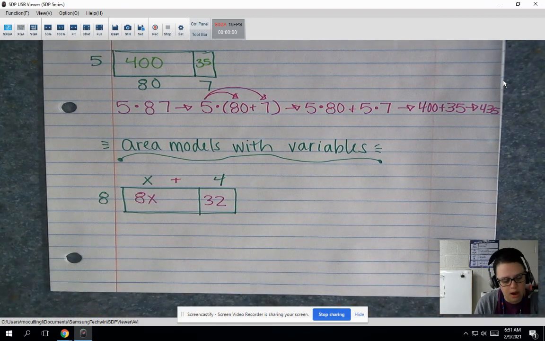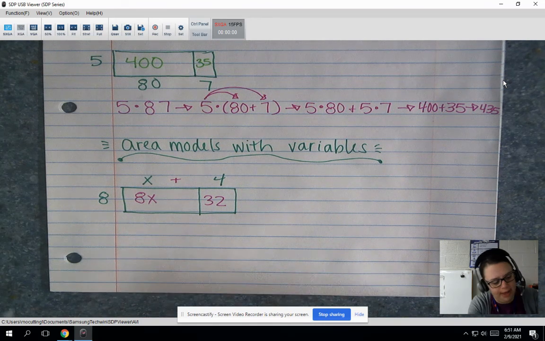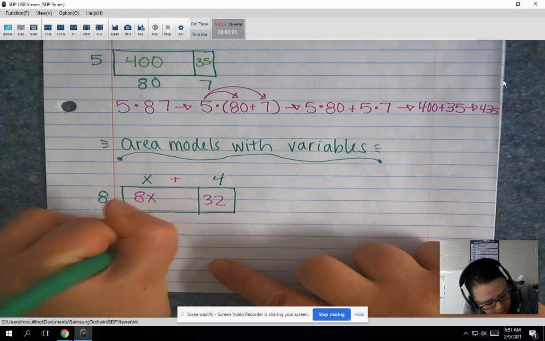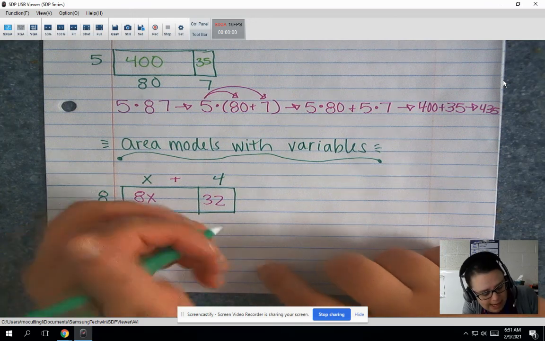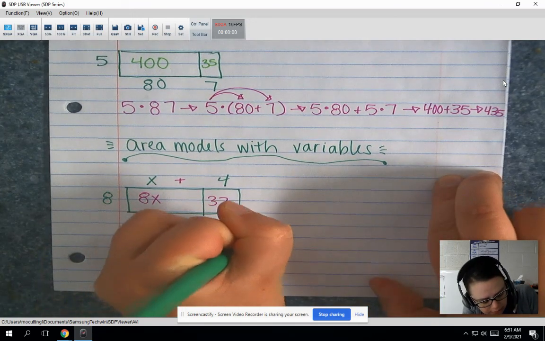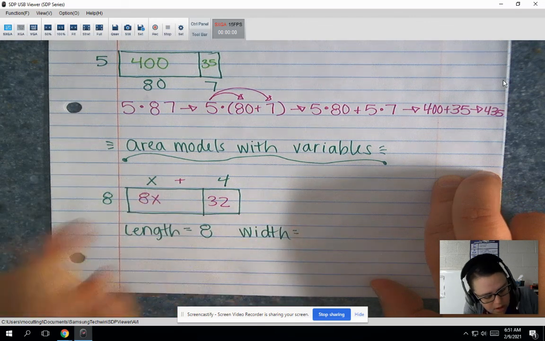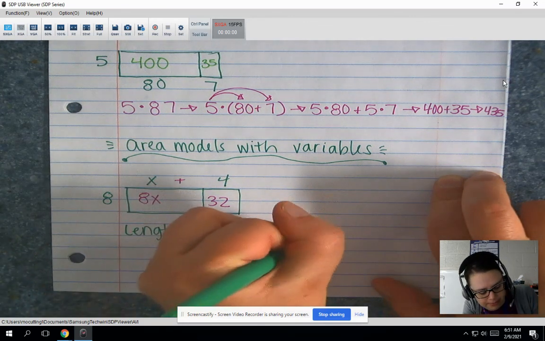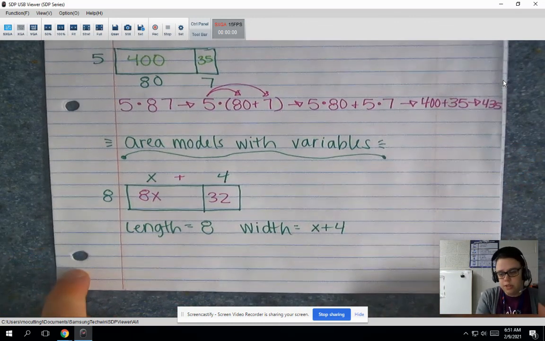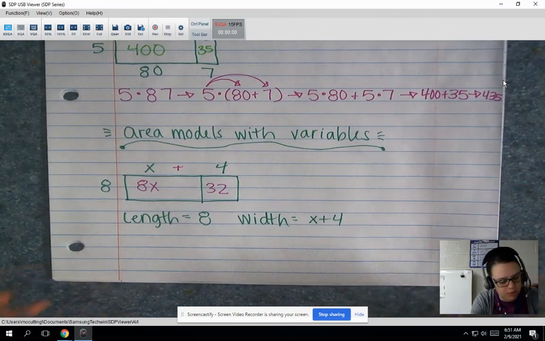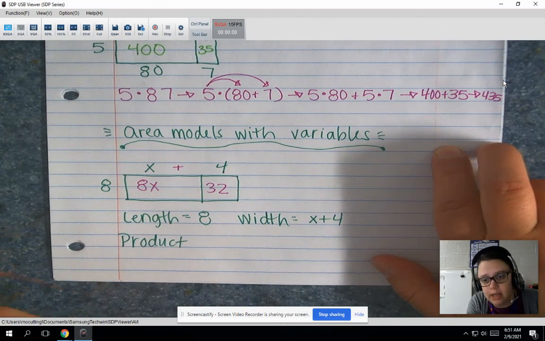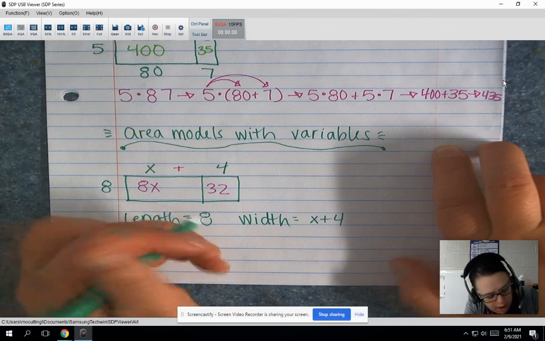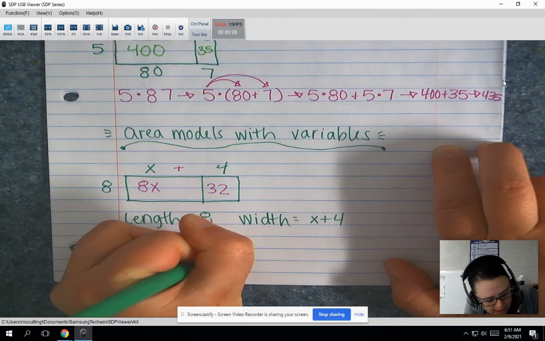Okay. So then we're going to write our area 2 different ways. First, actually, we're going to write what our length and our width is. So our length, that side length is 8. Our width is x plus 4. So then for our area, we're going to first write it as the product, which means the answer to a multiplication problem, of length times width.